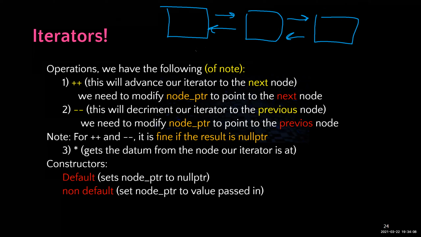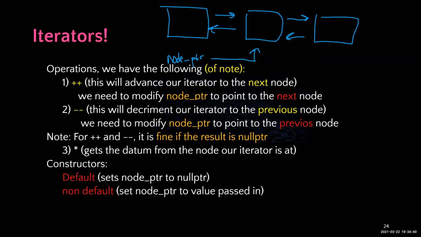And this should be straightforward because let's say I have node ptr. And remember that this is going to be a node pointer, right? These are all nodes. This will point to this node right here. If I say node ptr plus plus, what I want to happen is, instead of pointing to this, I want to now point to this. That's the idea here.